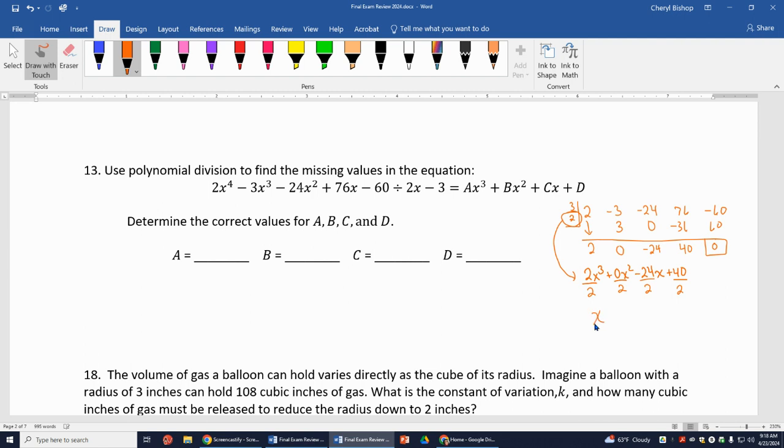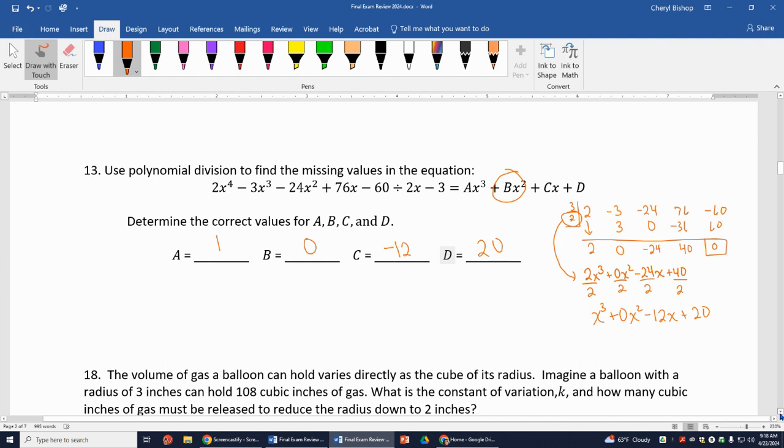So I'm going to have 1x to the 3rd plus 0x squared, which normally we wouldn't have to write, but I'm going to keep it there so I know what its coefficient is, minus 12x plus 20. So I have x to the 3rd, I have 1, b is 0, c is -12, and d is a +20. Okay?